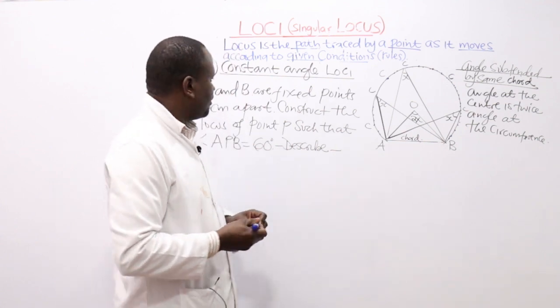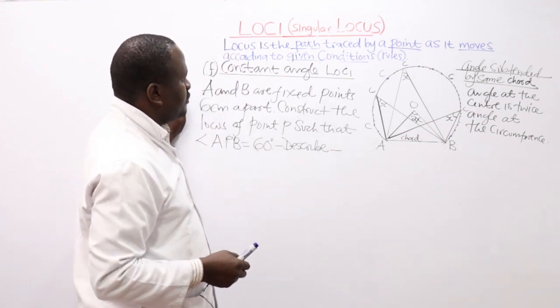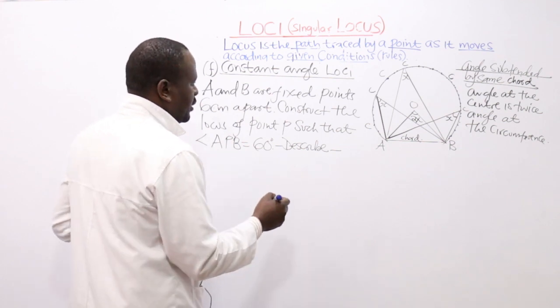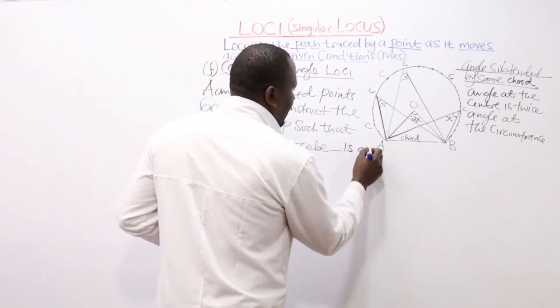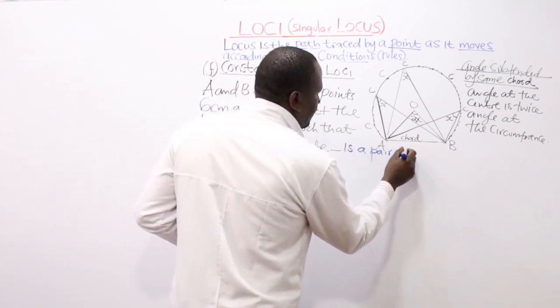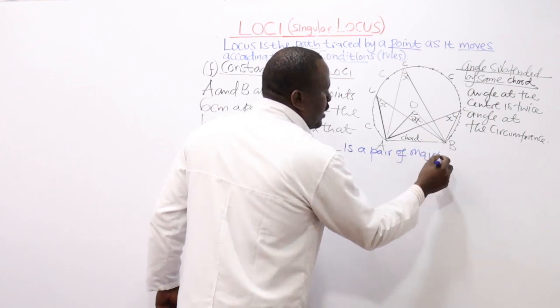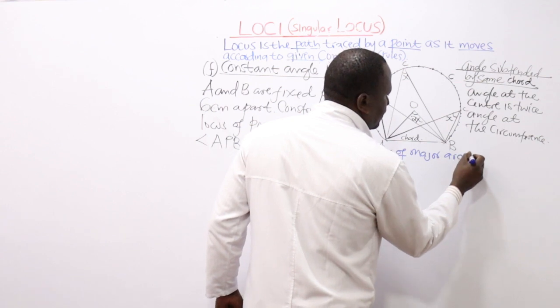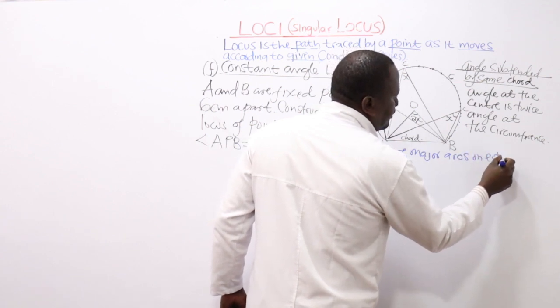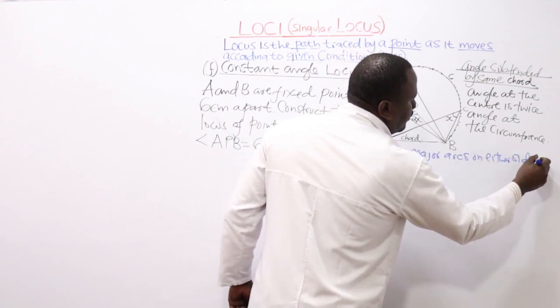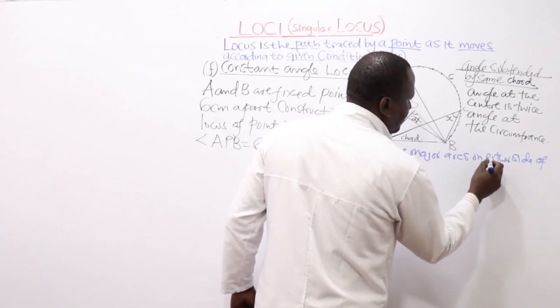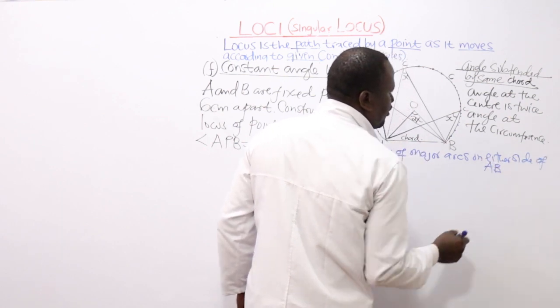Now let's look at the question. This is a pair of major arcs on either side of the chord AB.